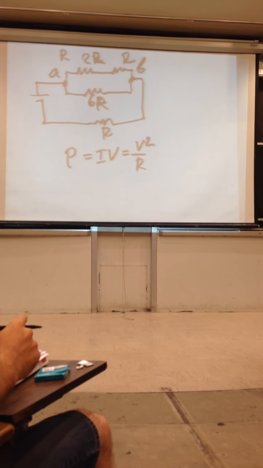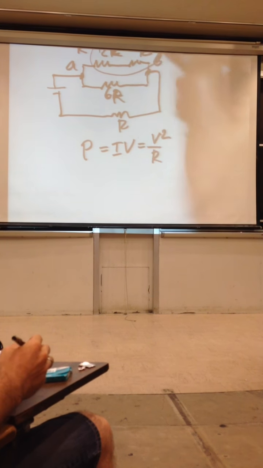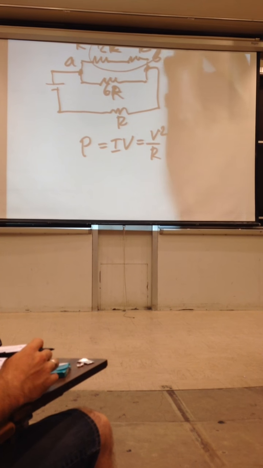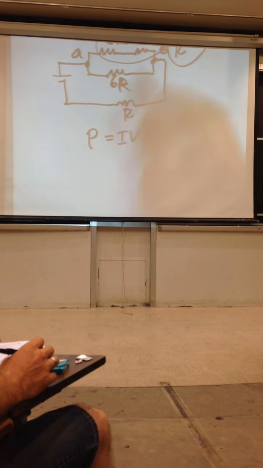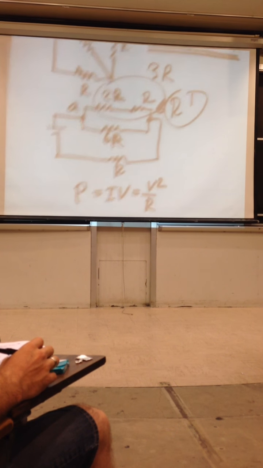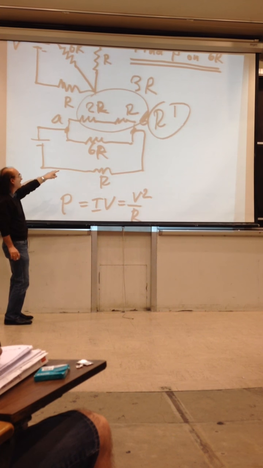Now total resistance. This is 2R, this is R. Let's call this upper unit R prime. The equivalent of these three we call R prime.